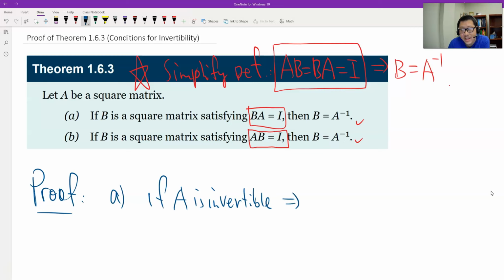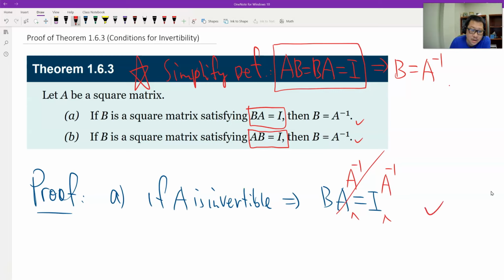Then B times A equals I, so we can multiply both sides on the right by the inverse of A, which exists and is unique because A is invertible. The A times the inverse of A cancels to give I. So what do we get? We get B equals the inverse of A. This part is easy.